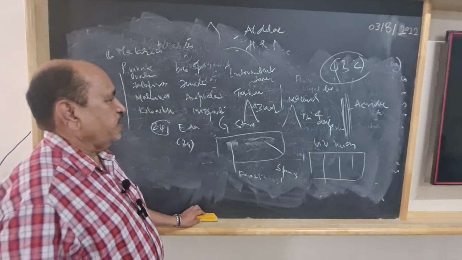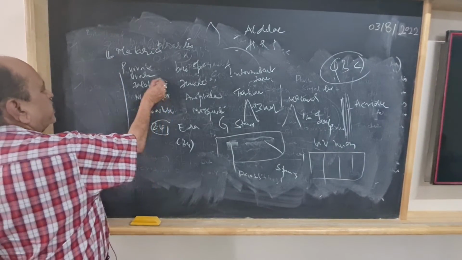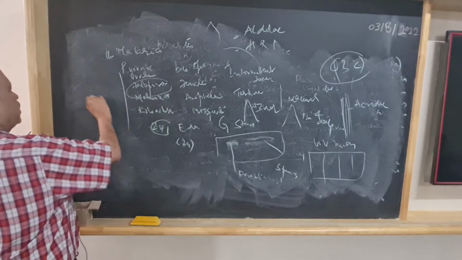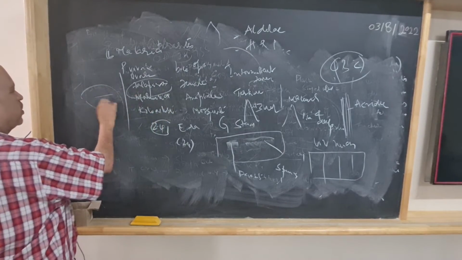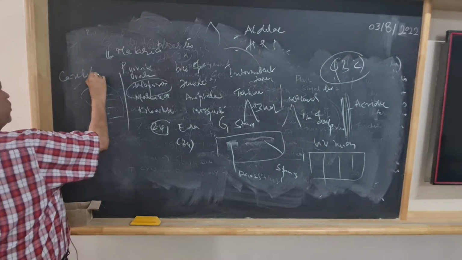This is malaria. Falciparum is very dangerous because the RBCs are broken down in the cerebral area, giving rise to cerebral malaria.